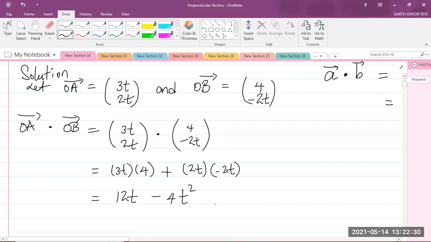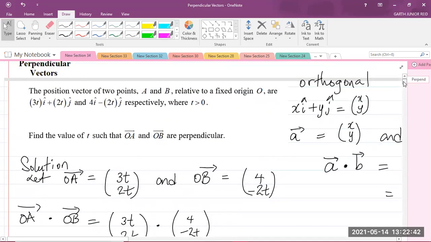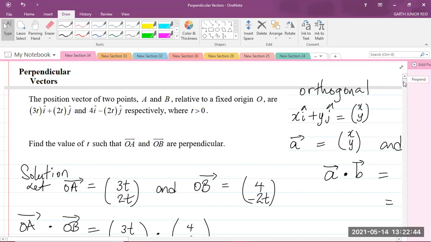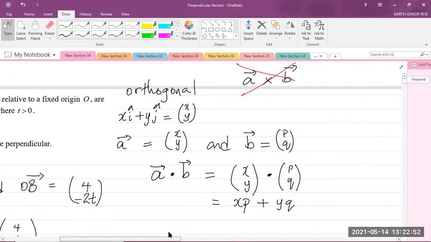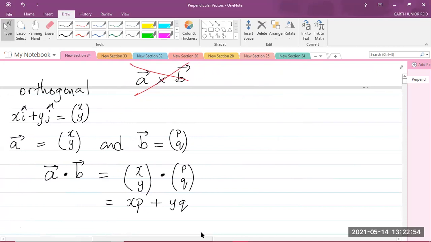That is what I have, and this is the dot product of vector OA and vector OB. Good. Let's go back to the question. It says find the value of t such that vector OA and vector OB are perpendicular. What are perpendicular vectors? I'm going to use a fact here now.